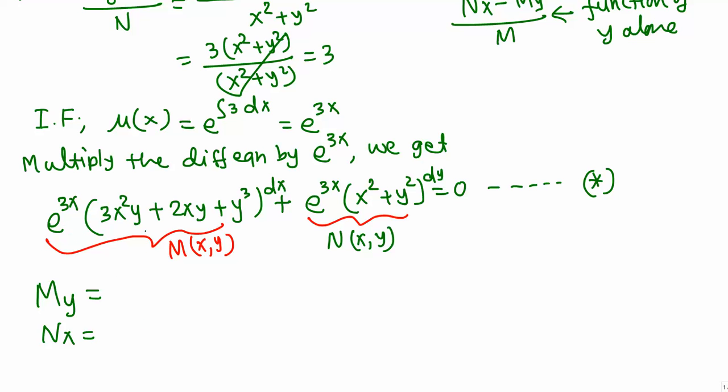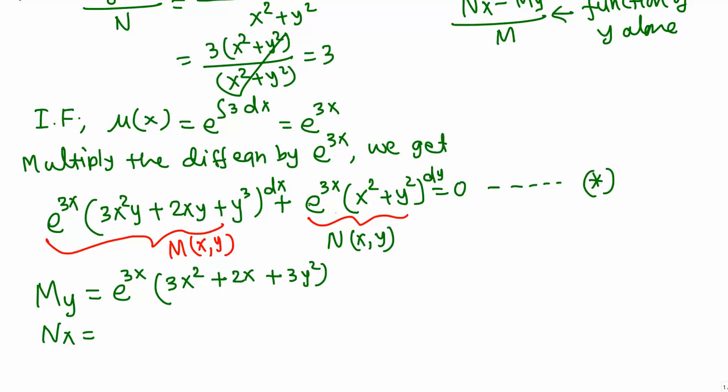So when we find the partial derivative with respect to y, e raised to 3x behaves like a constant, so this survives here outside. The derivative of 3x squared y with respect to y, 3x squared behaves like a constant, and the derivative of y is 1, plus 2x behaves like a constant, and the derivative of y is 1, plus the derivative of y cubed is 3y squared.